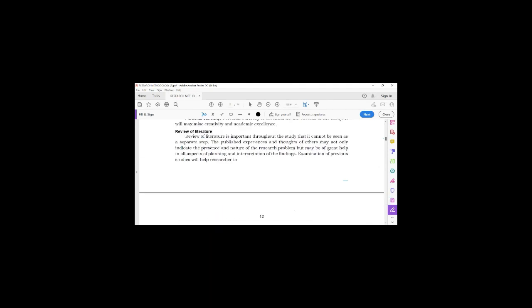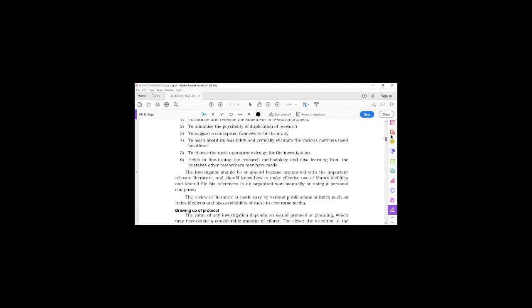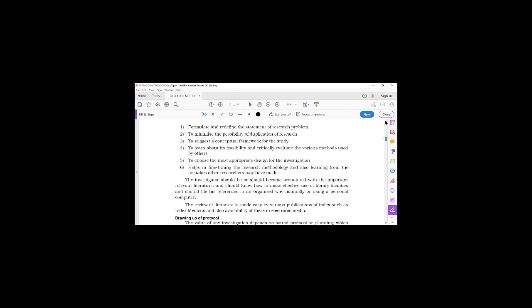when you do a review of literature, you basically look at how to formulate and redefine the statement of a research problem to minimize the possibility of duplication of research, so that you know what the new aspect is that you are trying to look at, to suggest a conceptual framework for the study, to learn about the feasibility and critically evaluate the various methods being used by other researchers, to choose the most appropriate design for your investigation, to help fine-tune the research methodology.